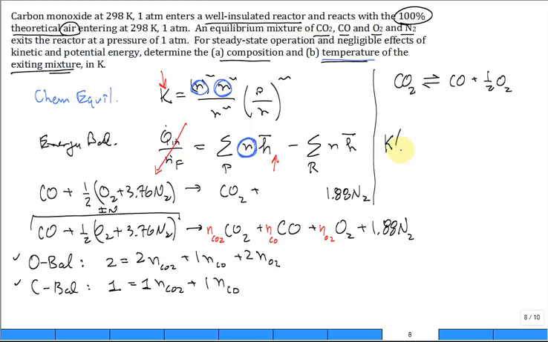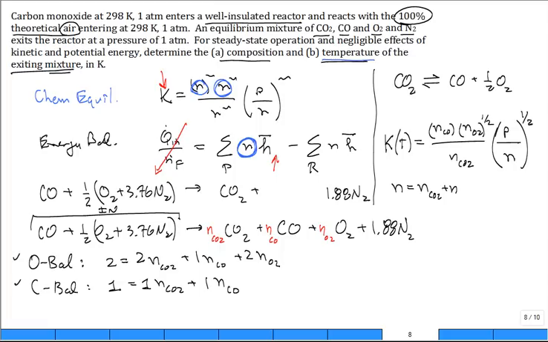A lot of times you write it like this, K sub T, to emphasize it's a function of temperature, is equal to the amount of CO to the 1 power, the amount of O2 to the 1/2 power, over the amount of CO2, and then you're going to have P divided by N total, all to the 1/2 power. And what was that N total? It was the amount of CO2 plus the amount of CO plus the amount of O2 plus the amount of N2.